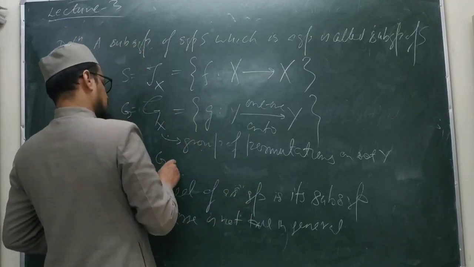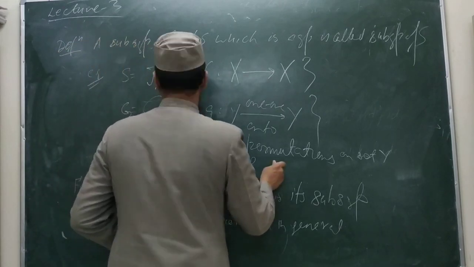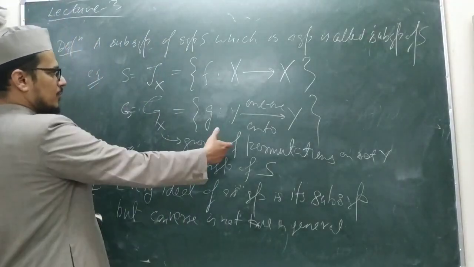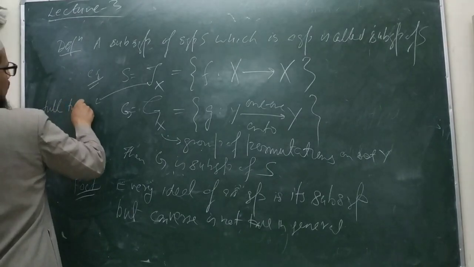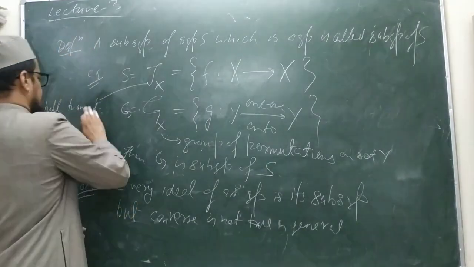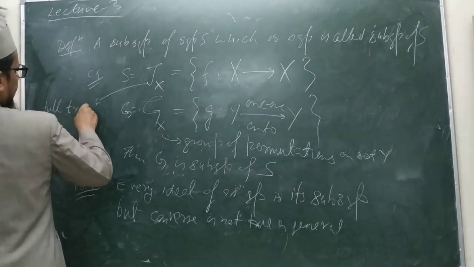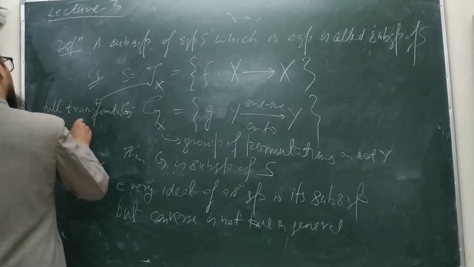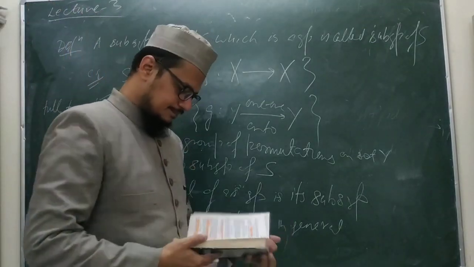So G is a subgroup of S. This is the group of permutations, and this is the full transformation semigroup, correct?